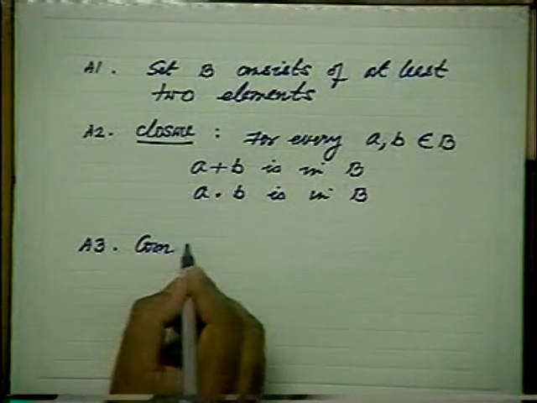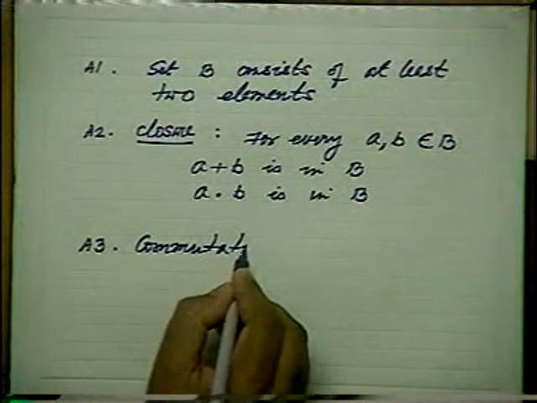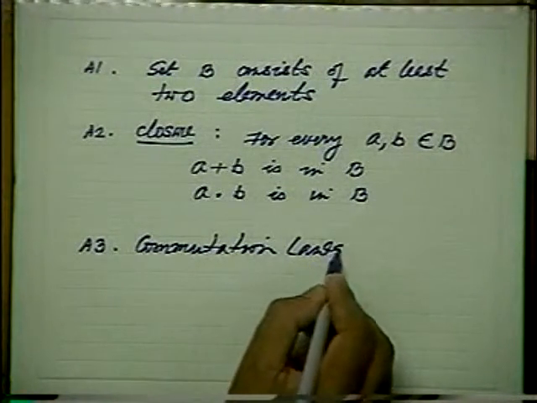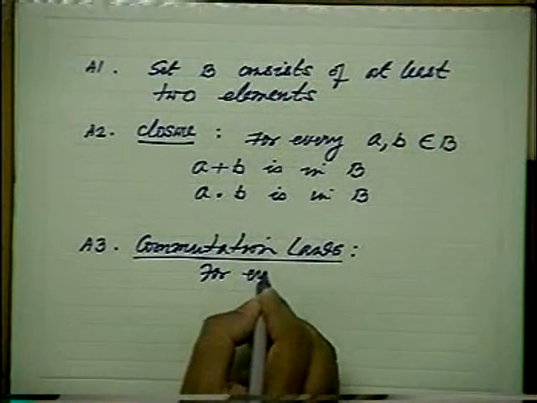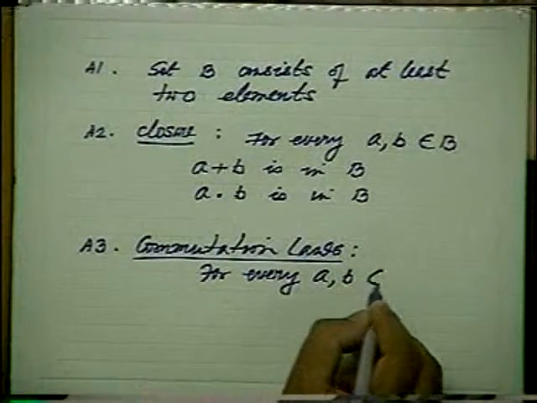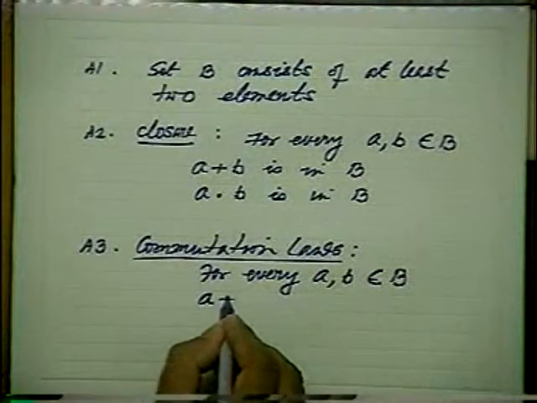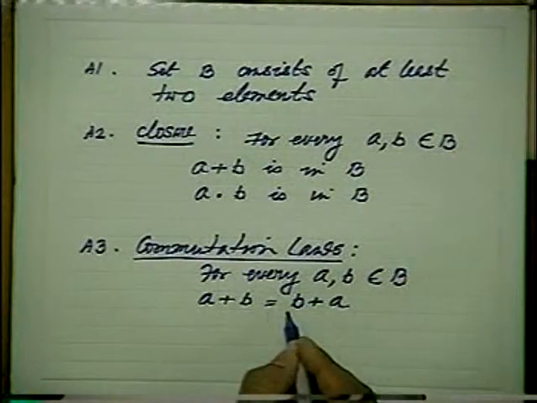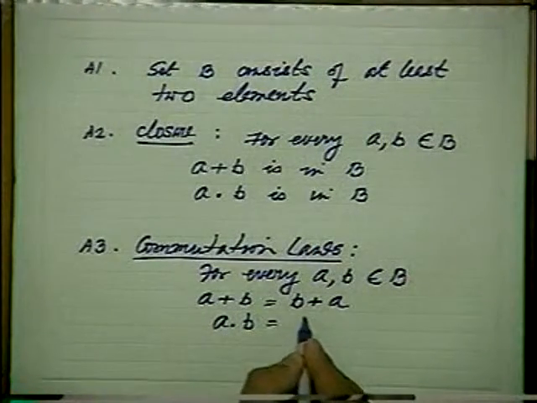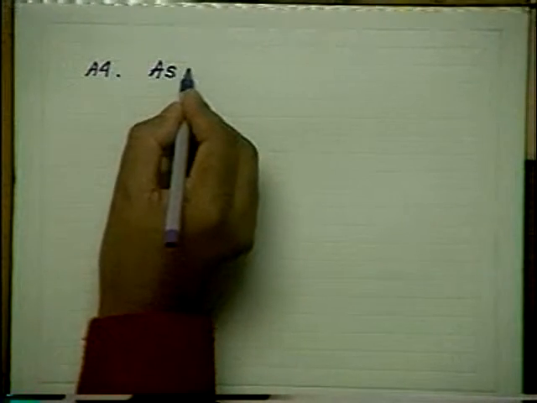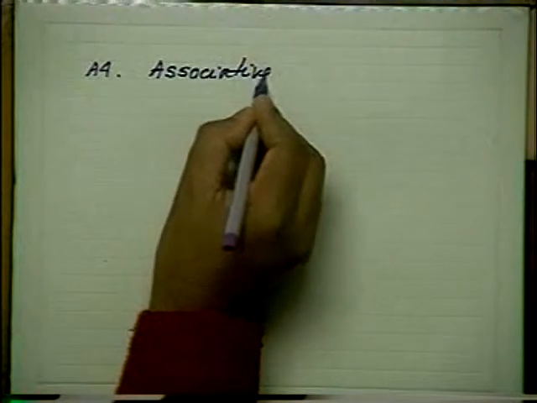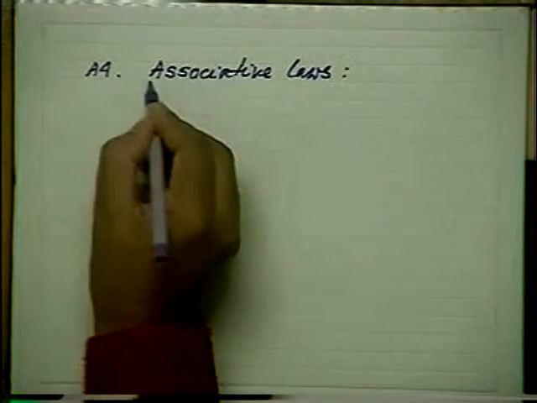Now, commutation laws: for every A, B contained in B, A plus B is equal to B plus A, and A dot B is equal to B dot A. Axiom 4 is the associative laws.